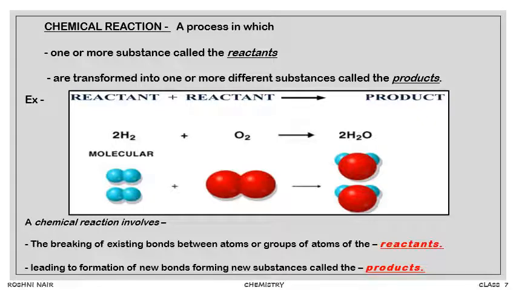And a chemical reaction also involves formation of new bonds which forms new substances which are termed as products. So the definitions of reactant and products are both important to understand.